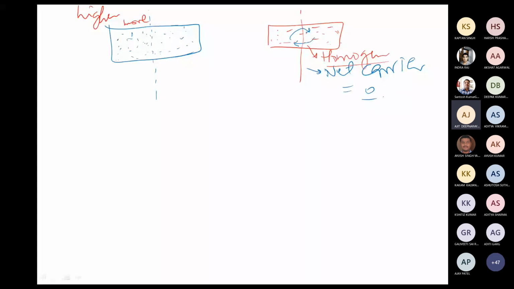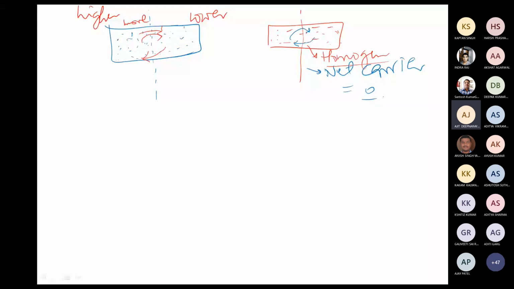This is not a physical boundary, it is a fictitious boundary we are taking. So more carriers are going to pass from one side to the other as compared to those coming from the other side to this side. Let us designate these sides as 1 and 2 for simplicity.